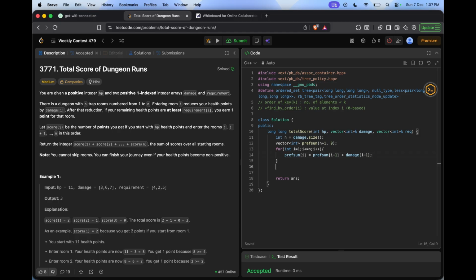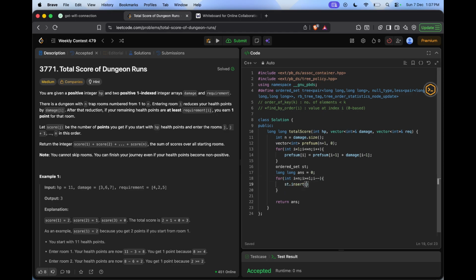Alright. Now create a PBDS. Also have an answer to calculate, because we want the sum of all the values. So create a variable answer. Now starting from n, go up till 1.